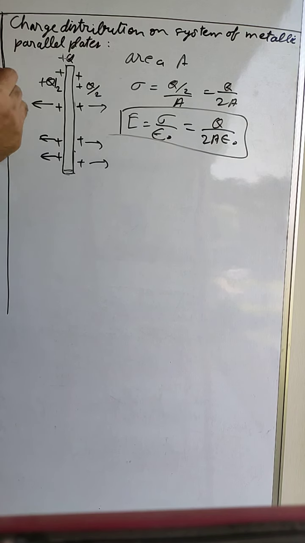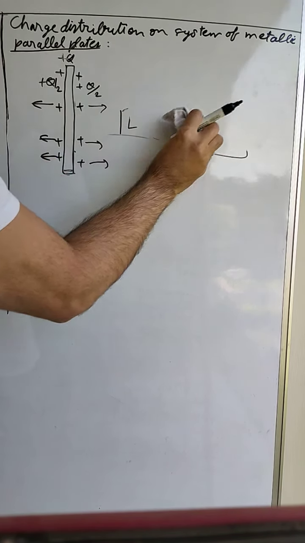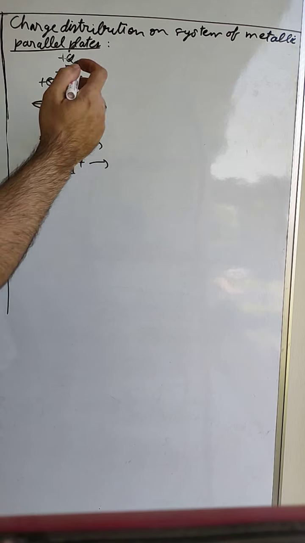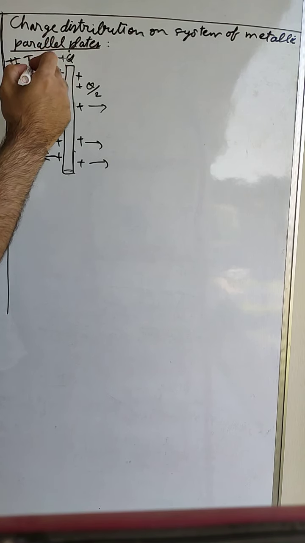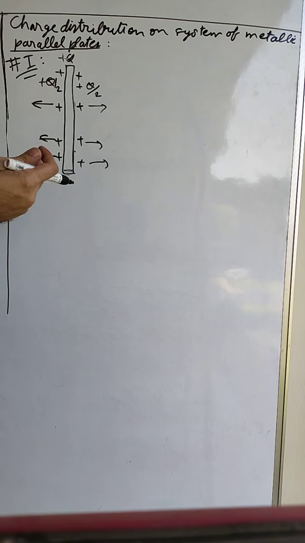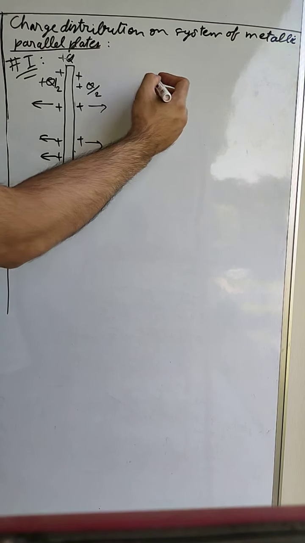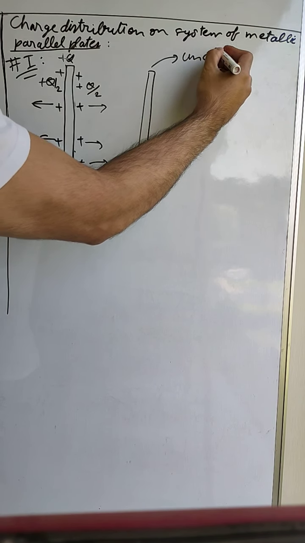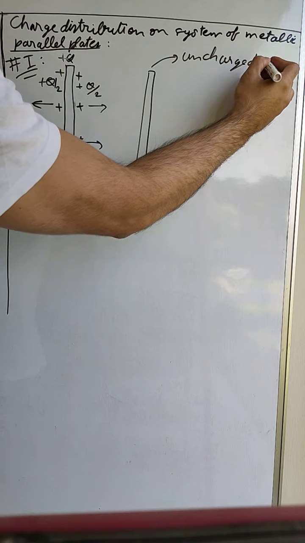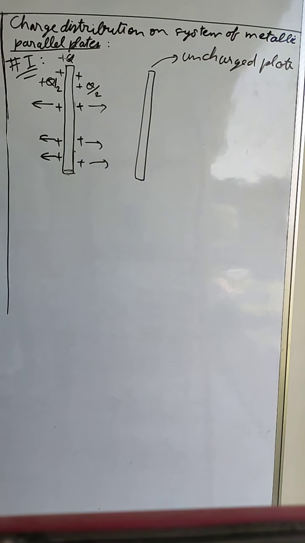Now let us come to the system in consideration, parallel plates. In case 1, we have this already existing plate, and we bring an uncharged plate in front of it, parallel to the existing plate.